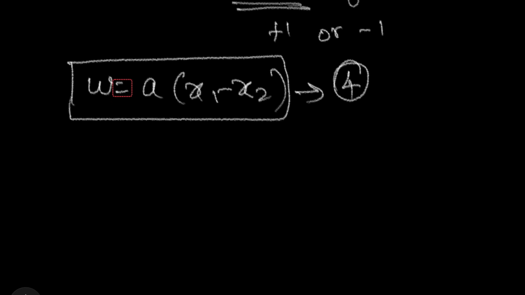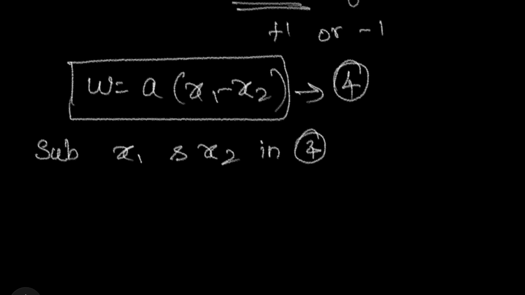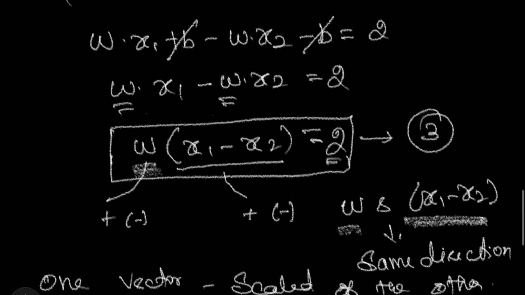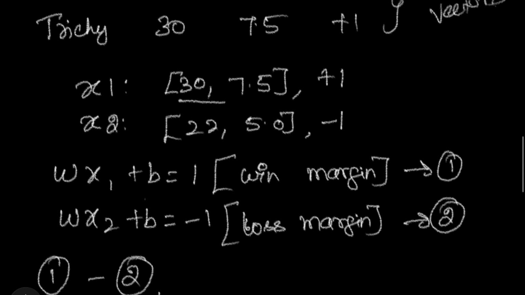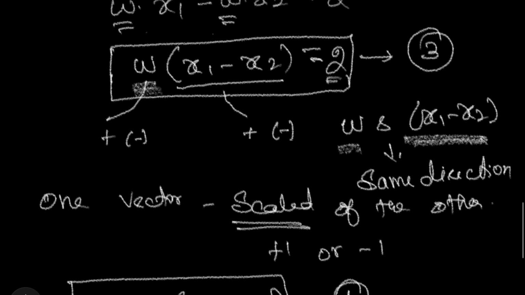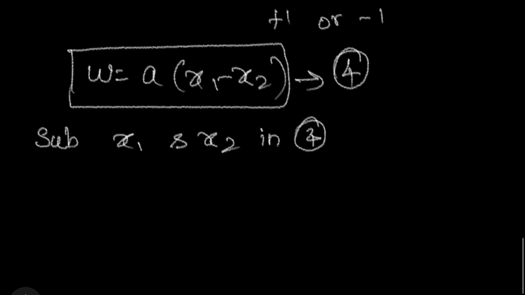Now I have the x1 and x2 values. With the help of x1 and x2, I am going to find the value of W. So let us substitute them in equation 4. What are the x1 and x2 values? We have x1 as 30, 7.5 and x2 as 22, 5.0. We'll directly apply them here.